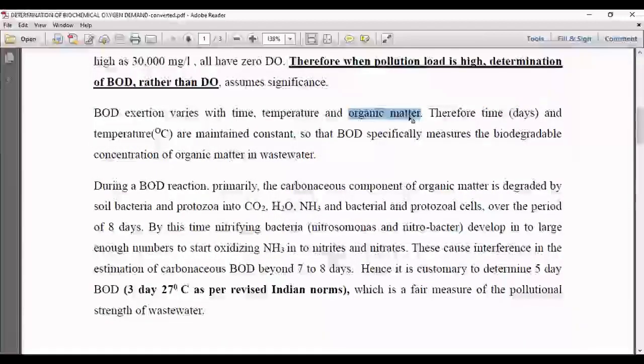Organic matter will be continuously oxidizing. So we keep time and temperature constant, and the BOD value can be found out for those constant values.